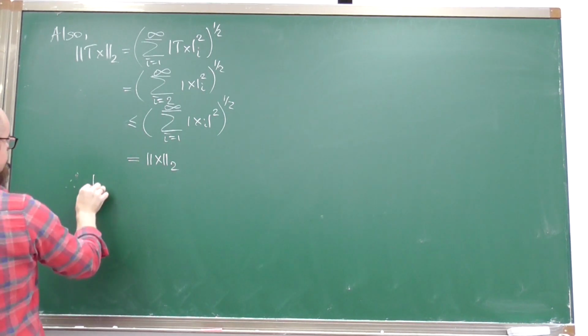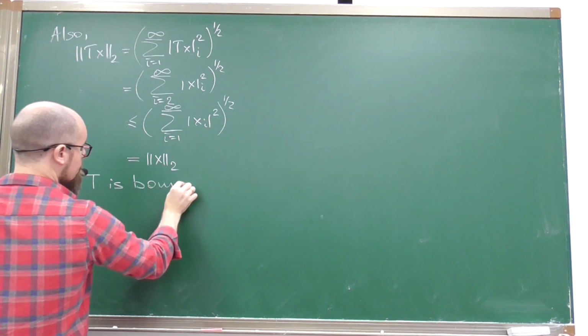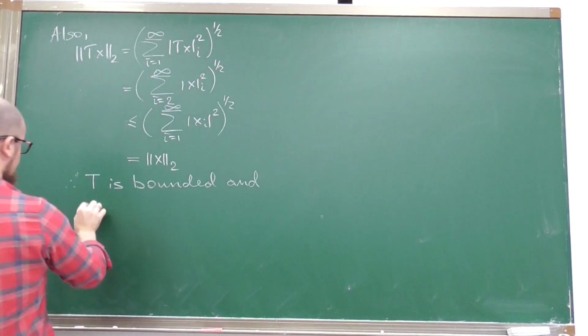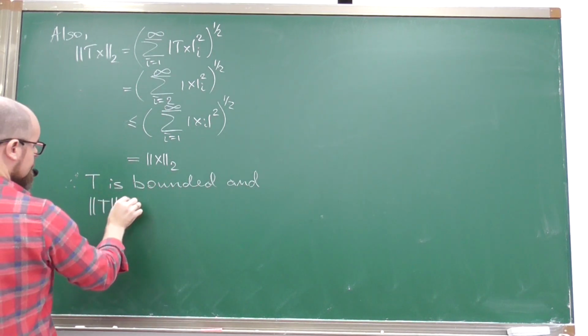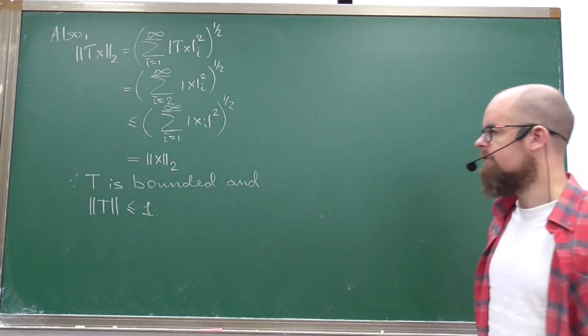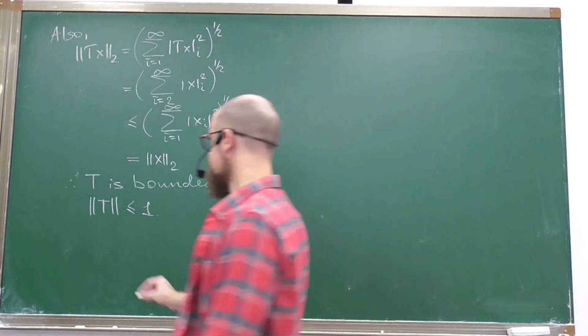So T is bounded and the norm of T is less than or equal to 1. To compute the exact value of the norm of T is left for you as an exercise.